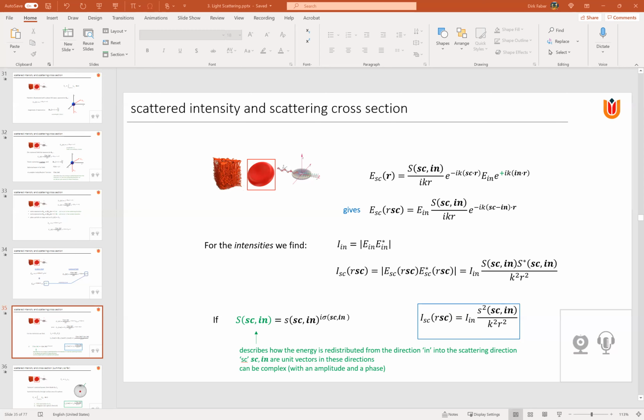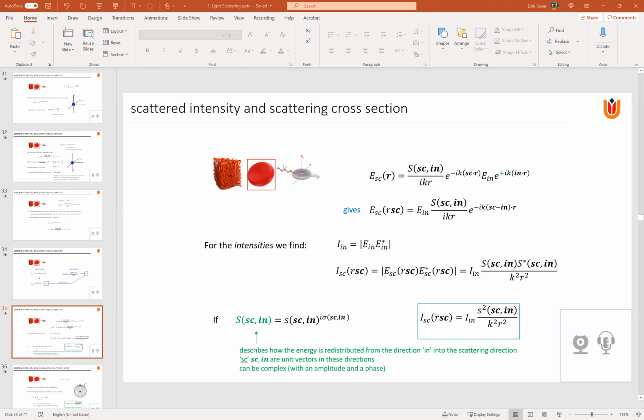It could be a complex function, a scalar function, or a real function. But let's assume that it has some general form, with an amplitude and a phase term, an exponential. Then again, if we take the complex conjugate, the exponential terms drop, and it simplifies even further to an expression like this.